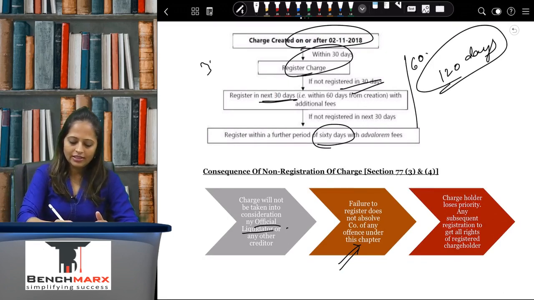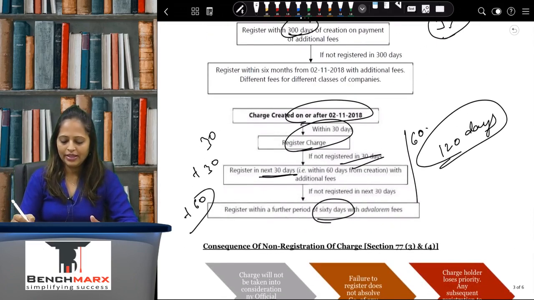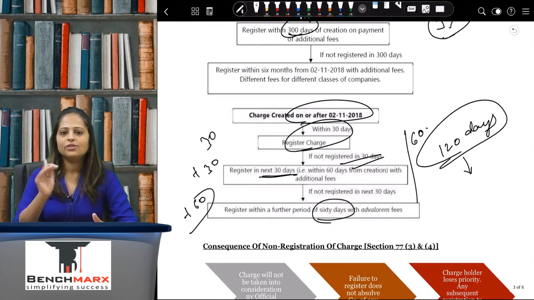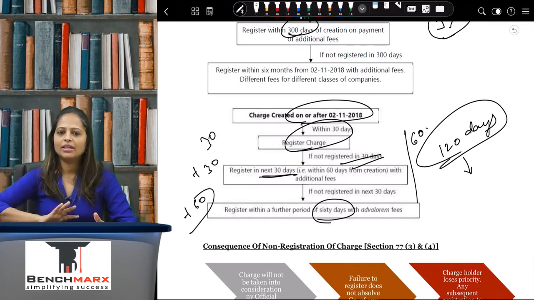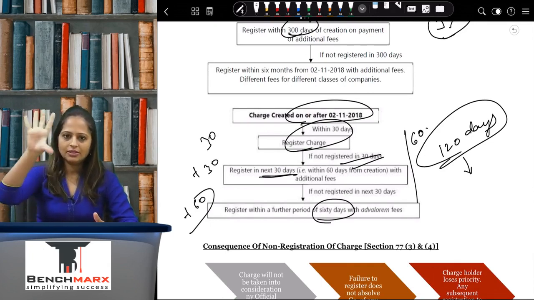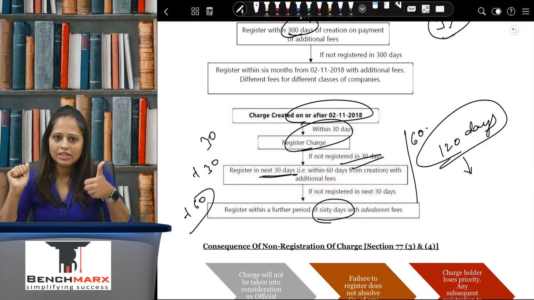So I get 30 days plus 30 days plus 60 days. So this 330 days benefit that was there earlier, now I get only 120 days. So I have to register the charge in 120 days. First 30 days, then another 30 days with extra fees, and then I have to make an application to the registrar. If not done within the first 60 days, I get another 60 days, after which I cannot register my charge.